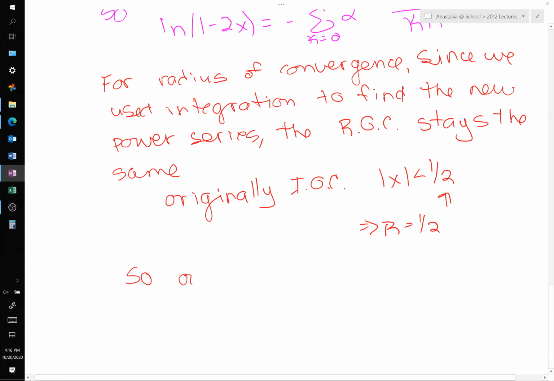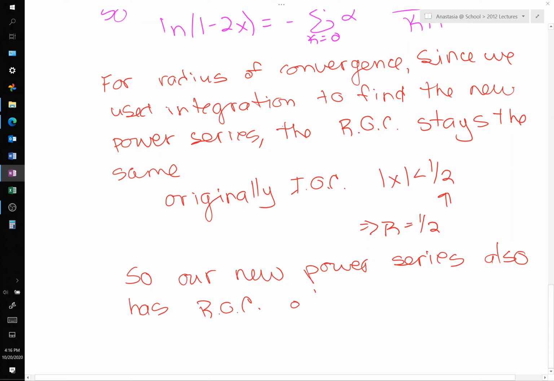So our new power series also has a radius of convergence of r equaling 1/2.